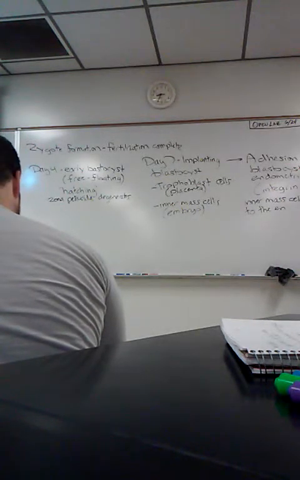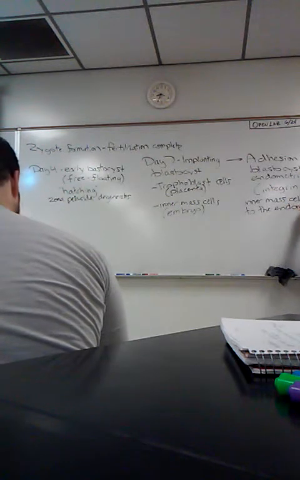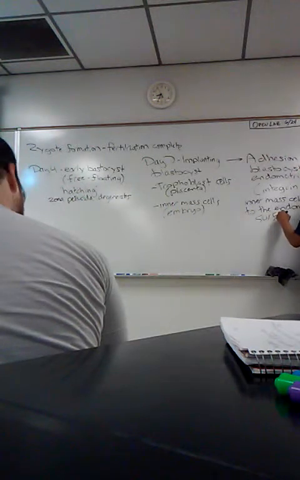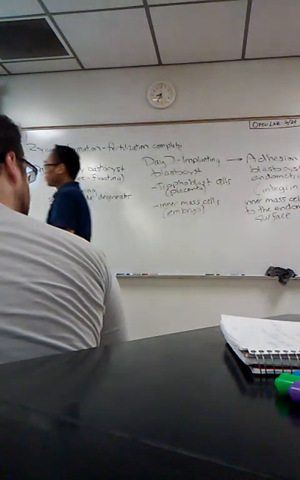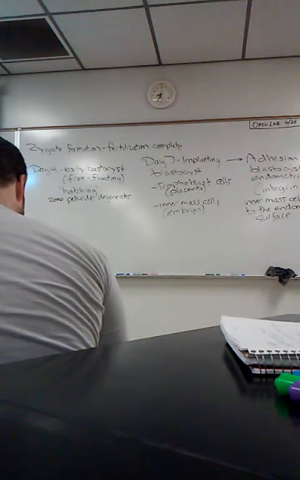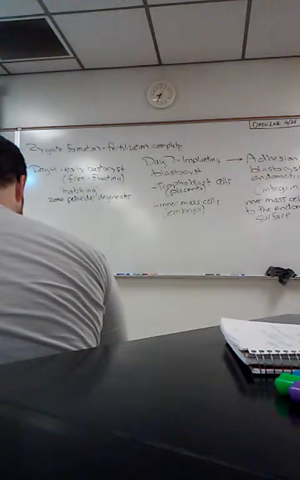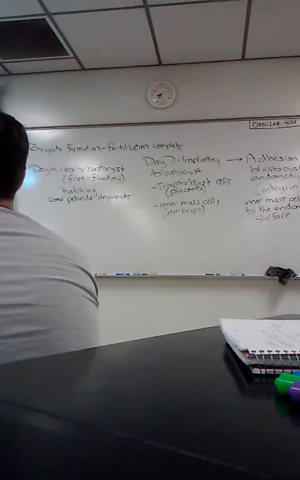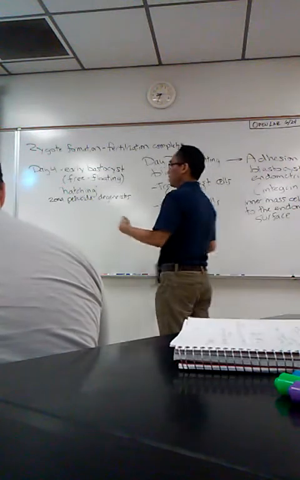It's on that side, flush against it, just like the picture. Then you get differentiation about 8 days post-fertilization. Differentiation of the trophoblast. It differentiates into a syncytial trophoblast and a cytotrophoblast. Day 8.